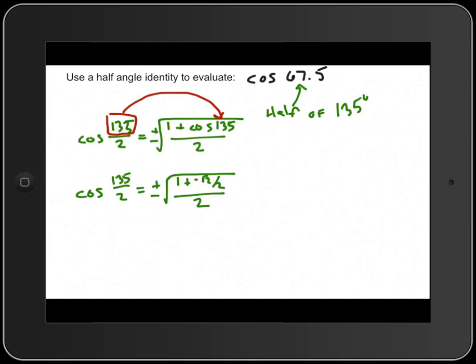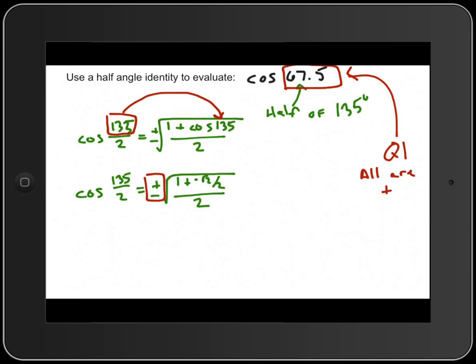And I am perfectly fine with you leaving it as this under the radical and not simplifying it. However, we do need to decide, is this going to be positive or negative? And in order to do that, I refer back to the original angle, and I have to think what quadrant that's in. This is in quadrant 1, and as we've discussed in class, that means all are positive there.